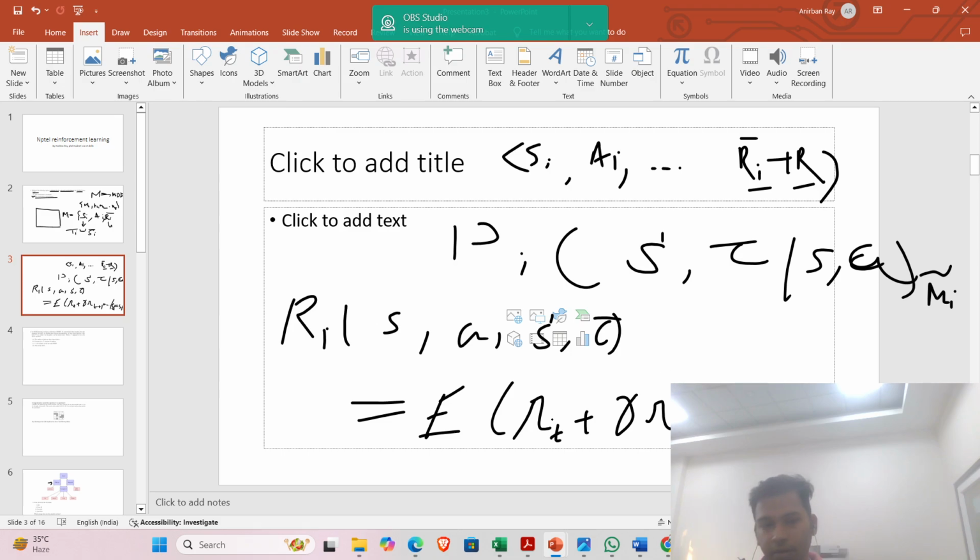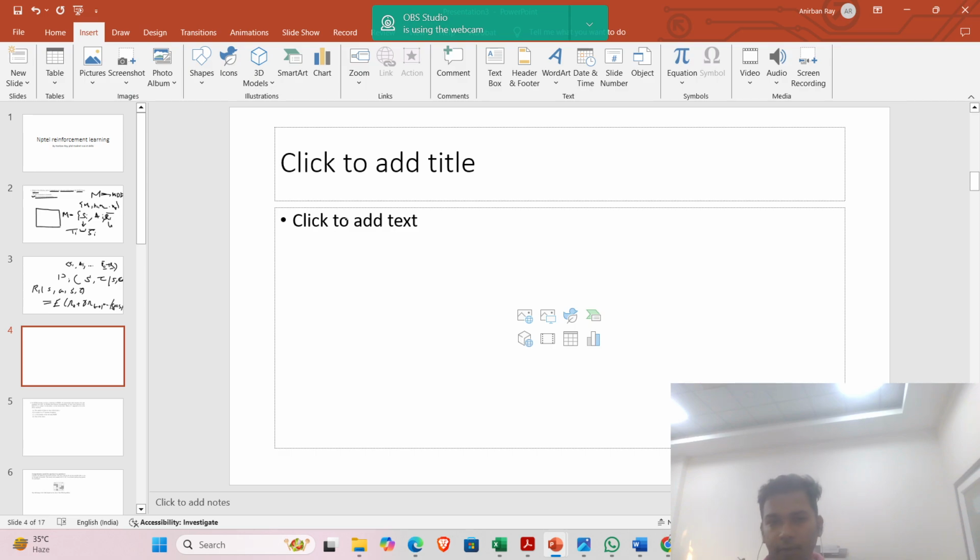Okay, so continuing, we have this value function for each SMDP in this MAXQ formulation. So the value function is V pi I, S. I represents the action that we're going to take.